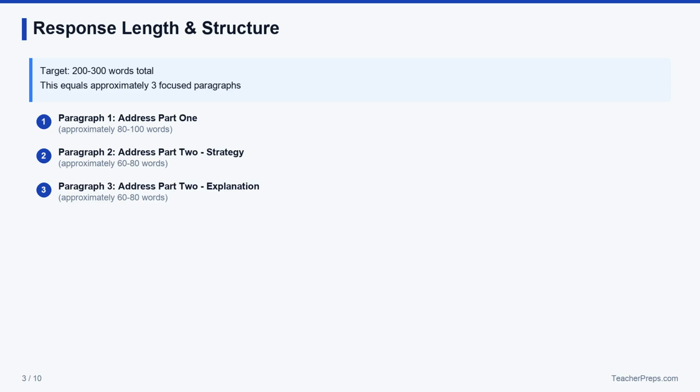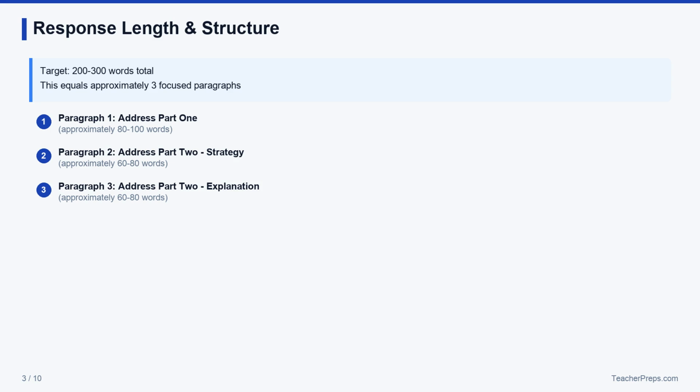Let's talk about how long your response should be and how to structure it. The exam specifies 200 to 300 words for each constructed response. This translates to about 3 focused paragraphs. Here's the structure I recommend. Your first paragraph should address Part 1 of the assignment. This is typically about 80 to 100 words, where you identify something specific and cite evidence from the documents.